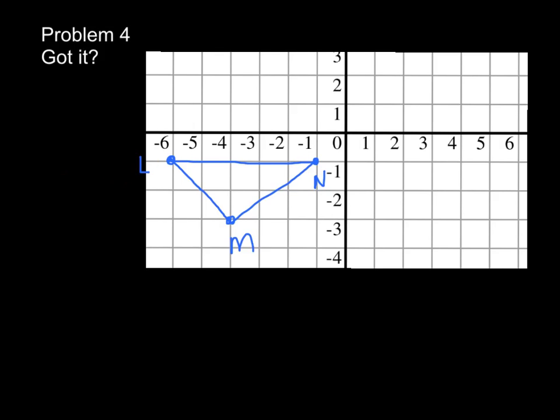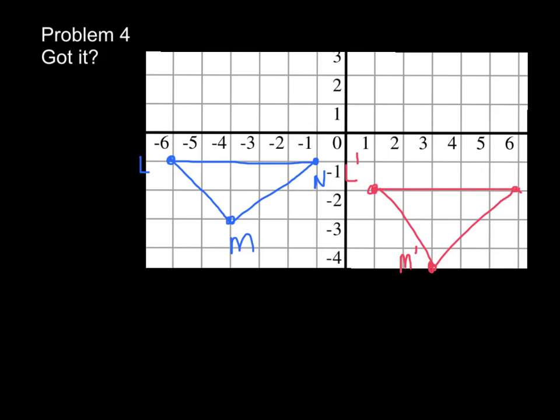So here's the picture it gives you. This is the pre-image. Now if we draw the picture, L prime is at 1, -2. M prime is at 3, negative 4. And N prime is at 6, negative 2.